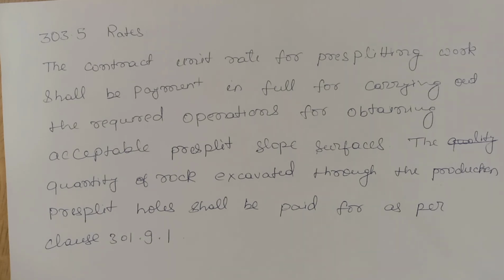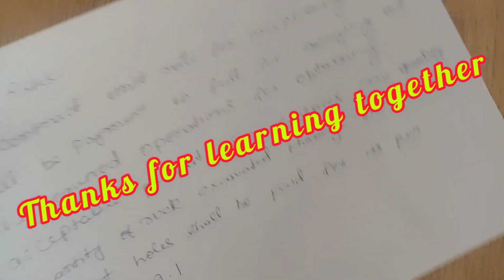The contract unit rate for pre-split work shall be payment in full for carrying out the required operation for obtaining acceptable pre-split slope surface. The quantity of rock excavated through the production pre-split holes shall be paid for as per clause 303.9.1. Thank you for learning 303 with us.